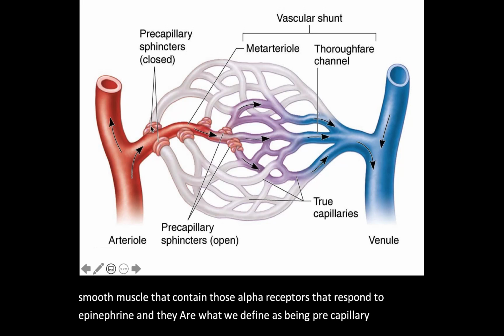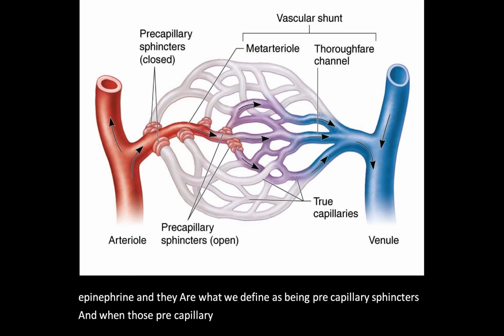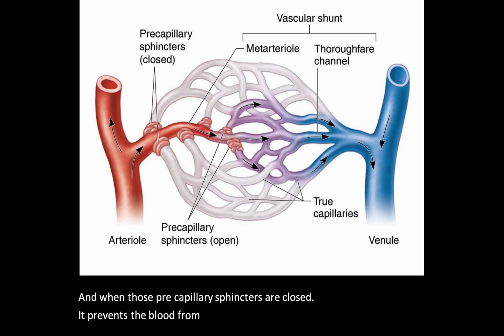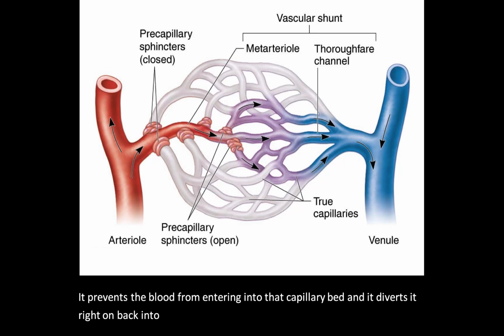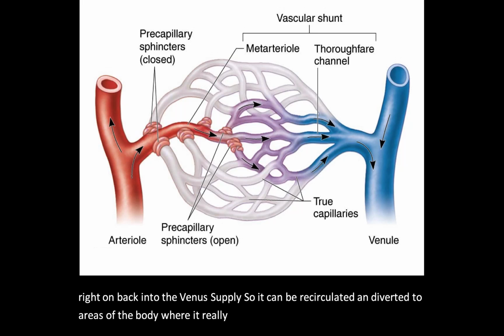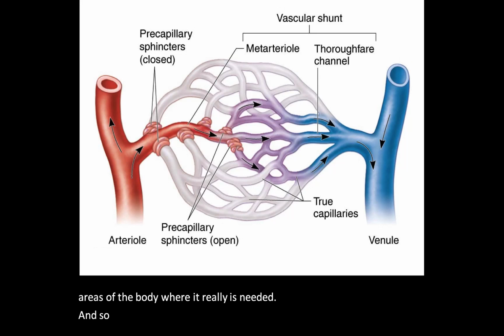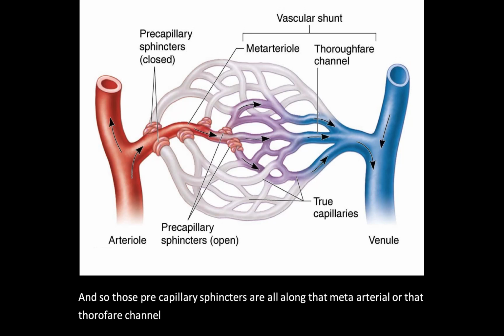And when those precapillary sphincters are closed, it prevents the blood from entering that capillary bed, and it diverts it right back into the venous supply so it can be recirculated and diverted to areas of the body where it really is needed. And so those precapillary sphincters are all along that meta-arteriole or thoroughfare channel. And again, it's there to direct the flow of the blood.